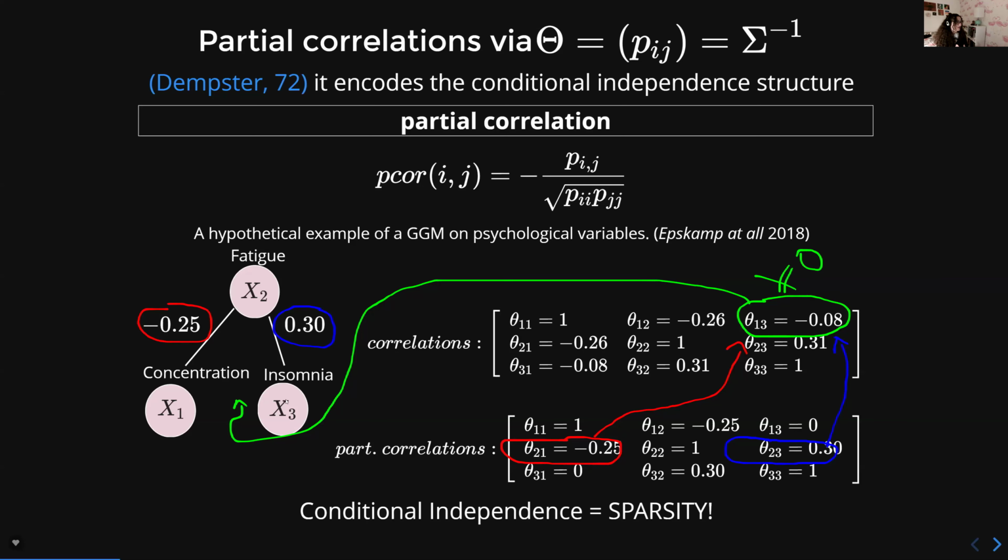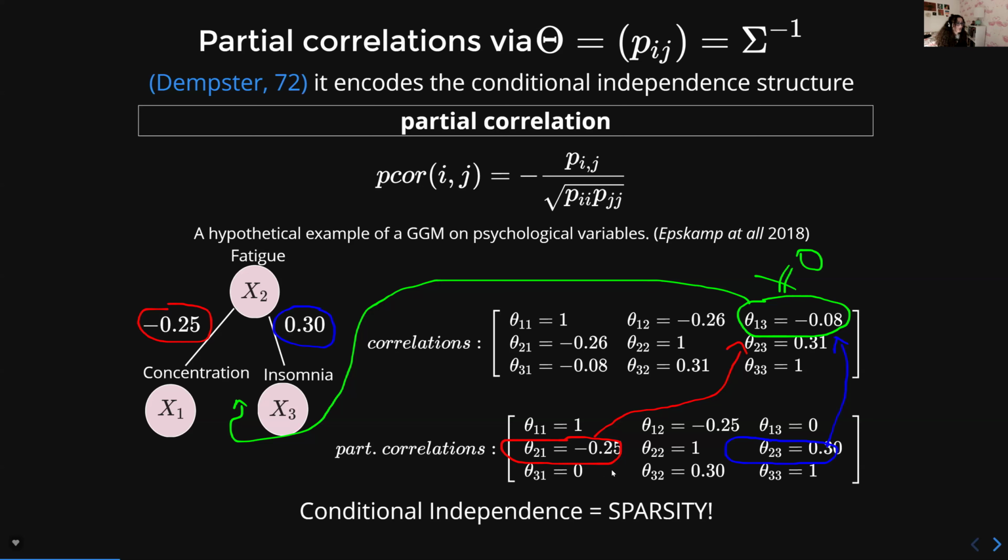We want to make sure that we're only modeling and estimating the direct interaction. So in this case, this 1, 3 element or the partial correlation has to be 0. Okay, because there's no direct link.